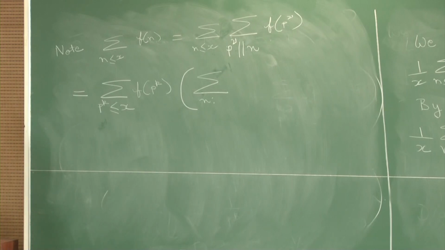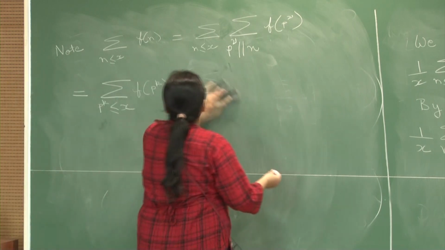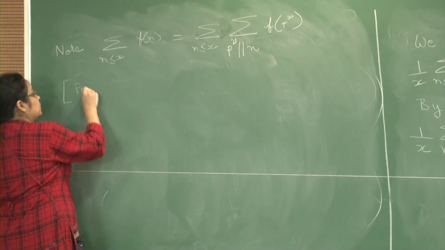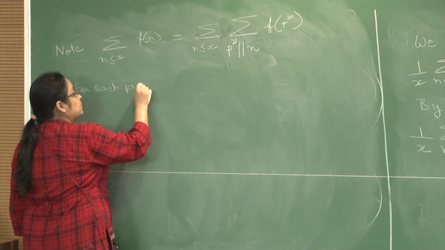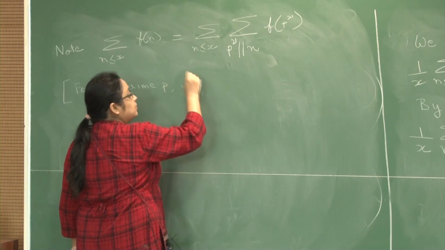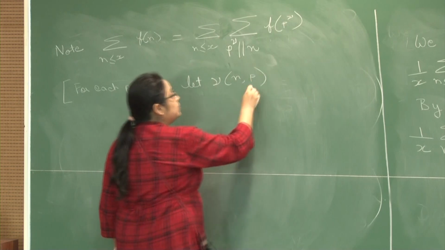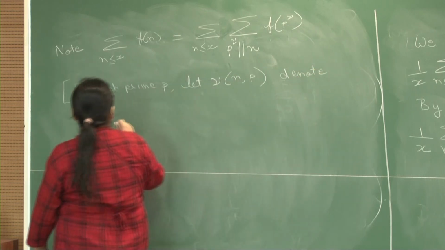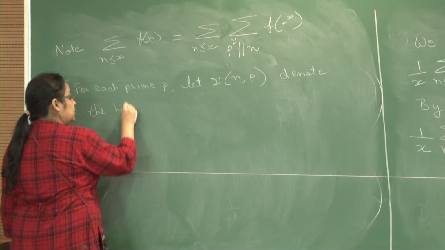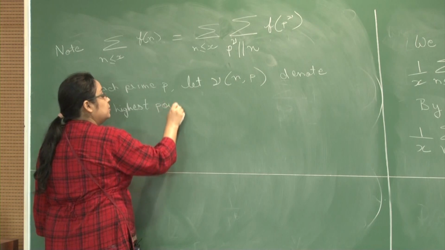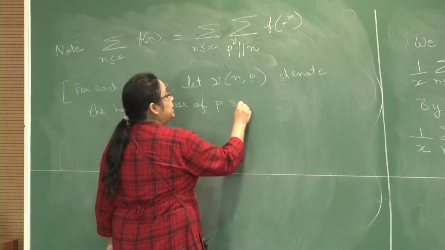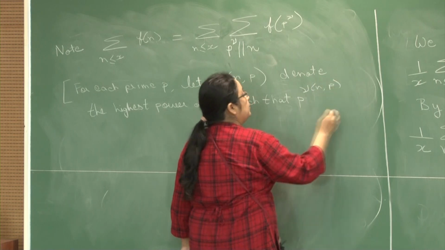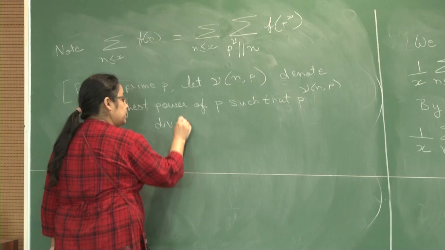So let us denote, for each prime p, nu of n comma p, let this number denote the highest power of p such that p raised to the nu of n comma p divides n.